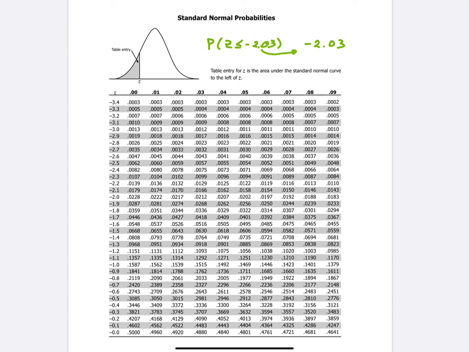So the first part of this value is negative 2.0 and the second part is 0.03. So let's go to row negative 2.0. Look under column 0.03. Right? You should find that the probability that z is less than or equal to negative 2.03 is 0.0212.